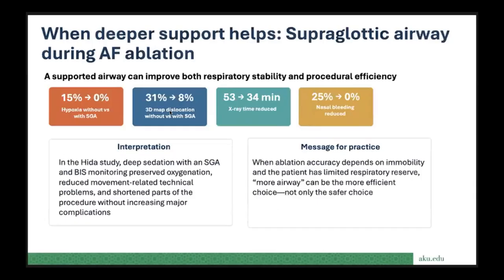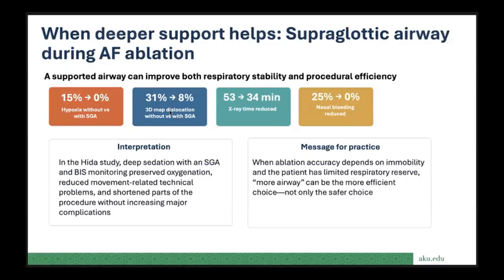Now, when deeper support helps. At what time do we use the supraglottic airway during atrial fibrillation ablation? There is a study done by Heda et al. It's a useful study because it shows that airway support can improve not only safety but also procedural efficiency.